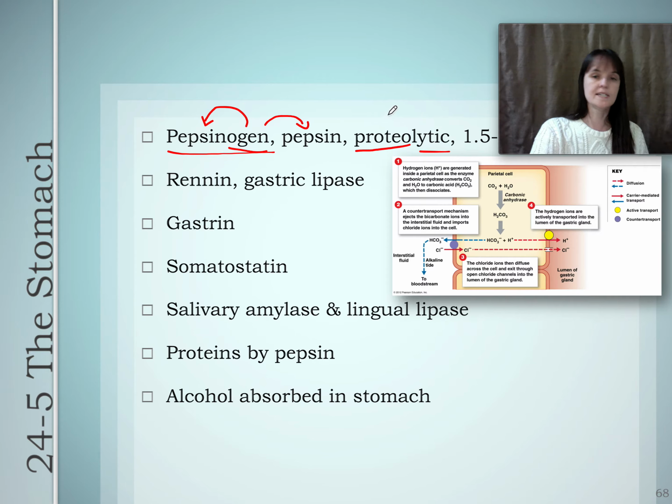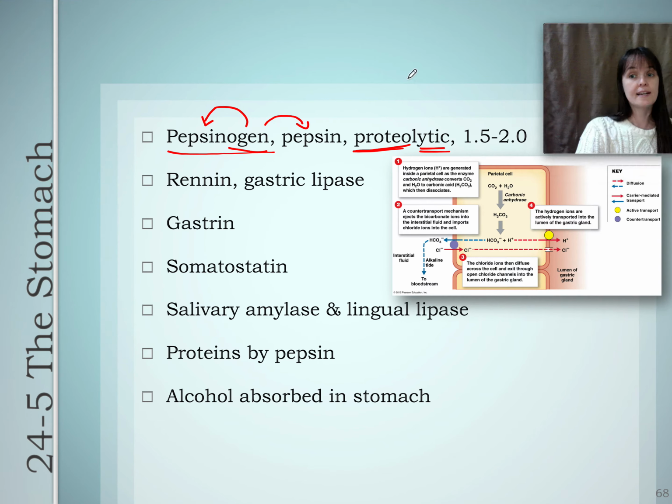So protein digesting, proteo for protein, lytic for lysis, which is a loosening of, which is anywhere between a loosening of, a digestion, and an explosion, in this case a digestion. And it functions best at pH, gasp, 1.5 to 2.0. I'm shocked.